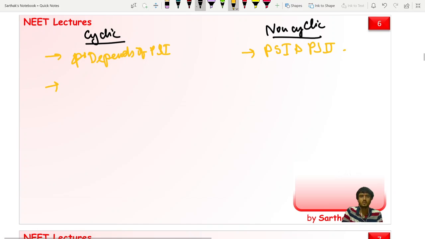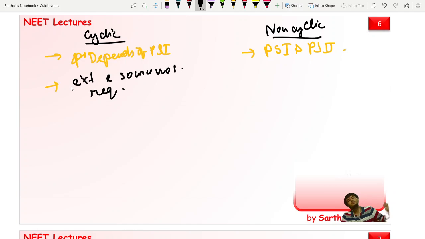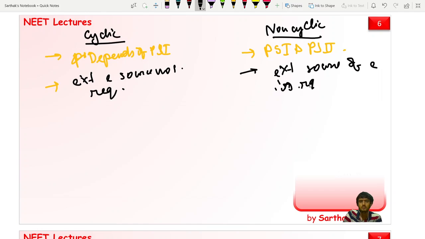In cyclic photophosphorylation, an external electron source is not required, because the electrons are flowing cyclically. In non-cyclic photophosphorylation, an external source of electrons is required, because the electrons are consumed by NADP plus. So continuous electron flow is needed, and an external source of electrons is required for non-cyclic photophosphorylation.